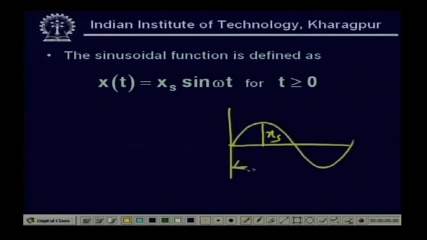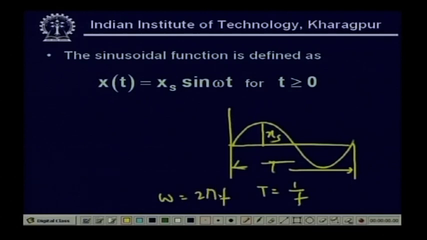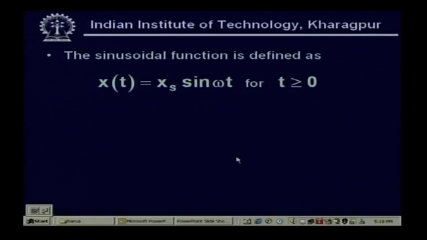This is the total time period T, where T equal to 1 by f and omega equal to 2 pi f, the circular frequency, f is the frequency, and T is the total time period, the inverse of frequency. So, this is the x_s value and on the other side this is also x_s. For t greater than or equal to 0, and for t less than 0 it is 0. So, this is our sinusoidal input.